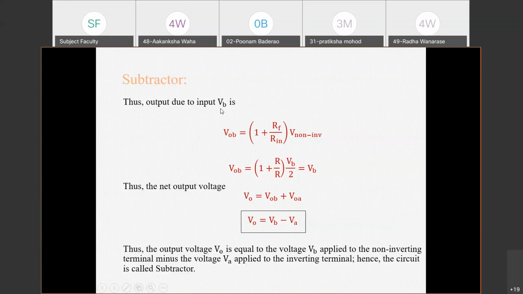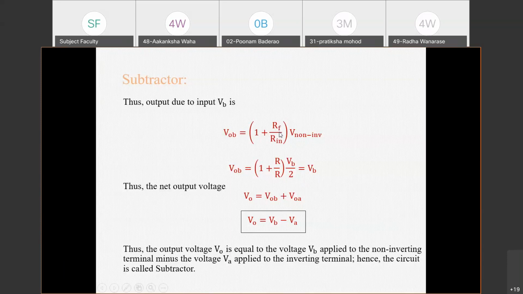What was VOA? It was the output due to input VA. So now VOB is our output and the input is V non-inverting, that is the voltage at the non-inverting terminal, and this is the gain, 1 plus RF upon Rin.